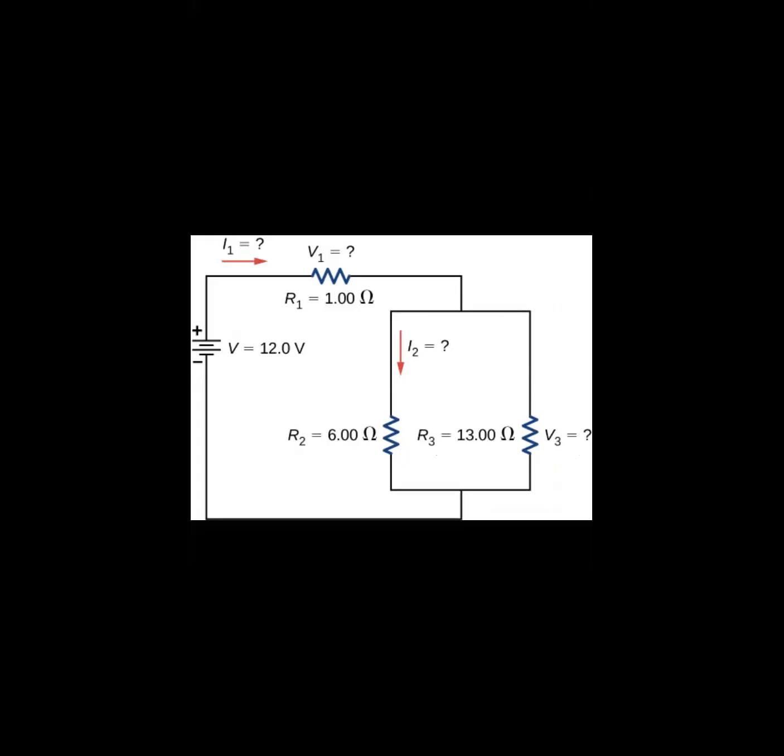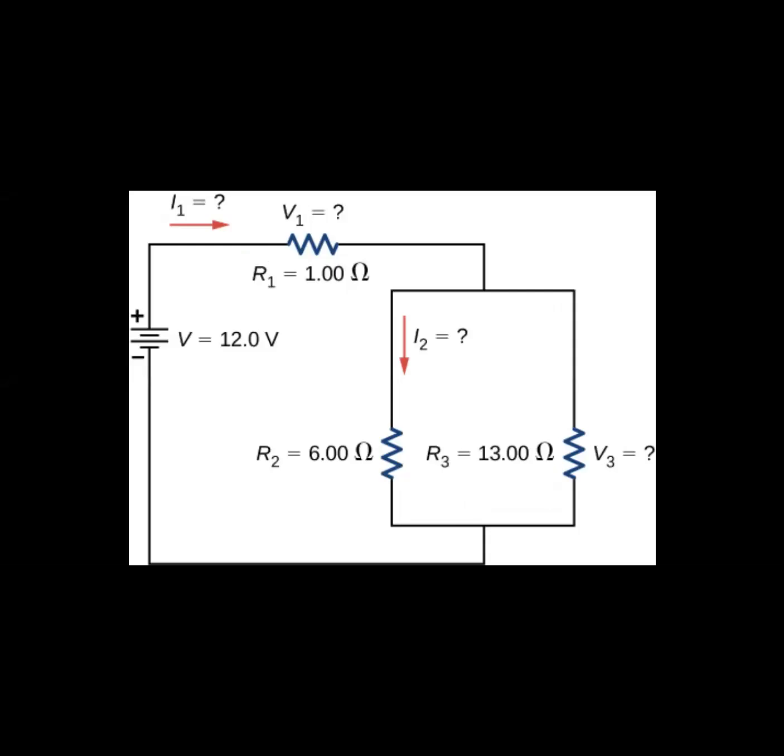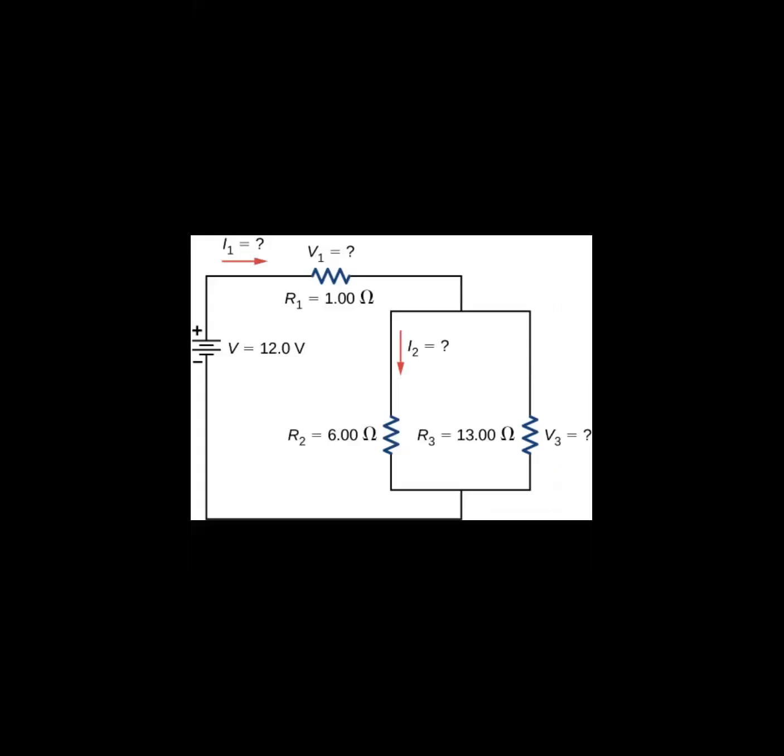Don't let us forget our formula. V is equal to IR. Our V is 12. We're looking for our I, and our R is 5.1. So our I is 12 divided by 5.1.